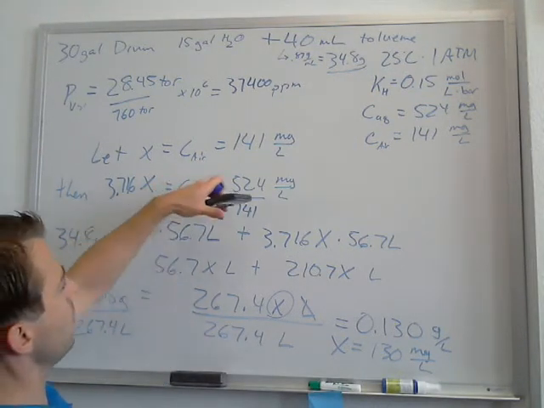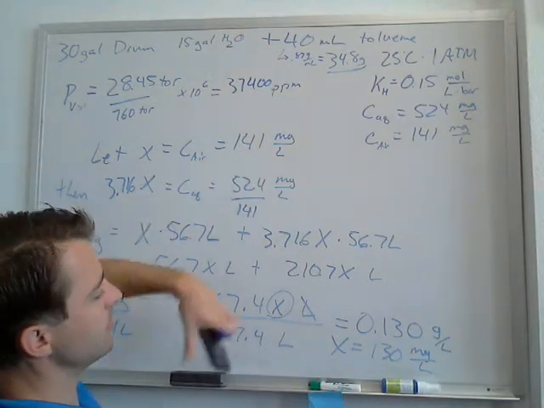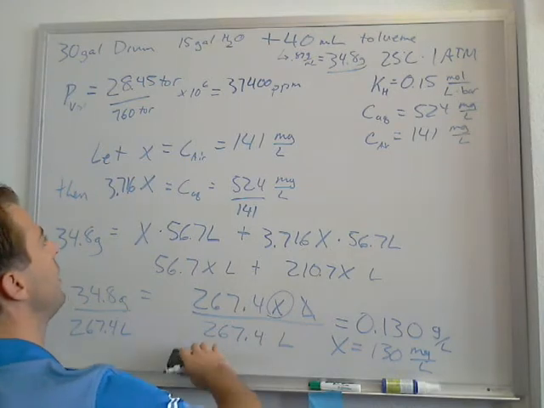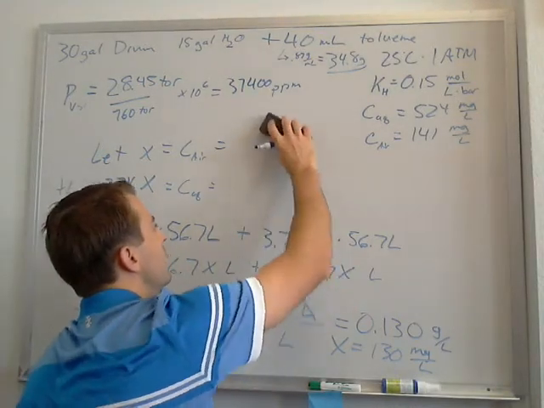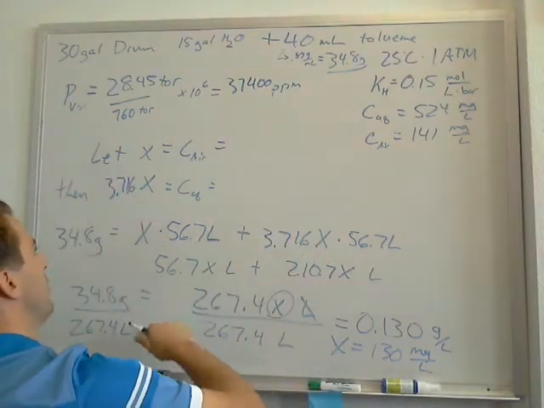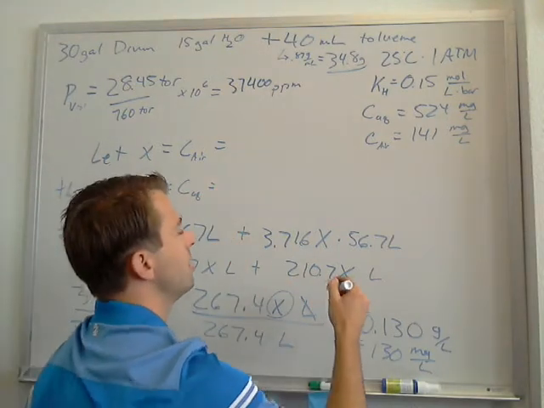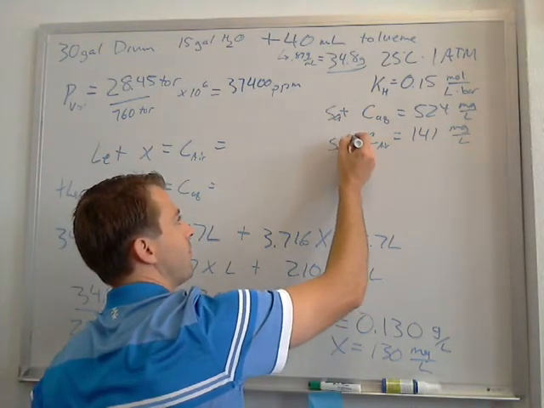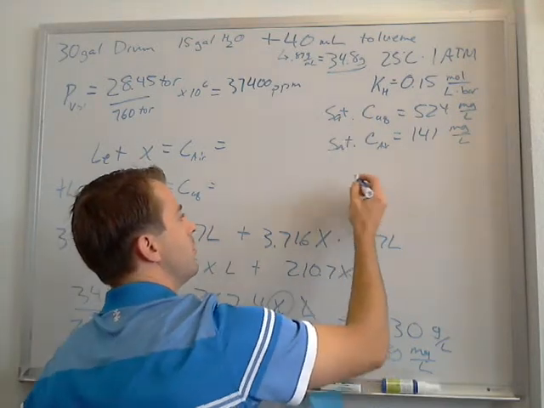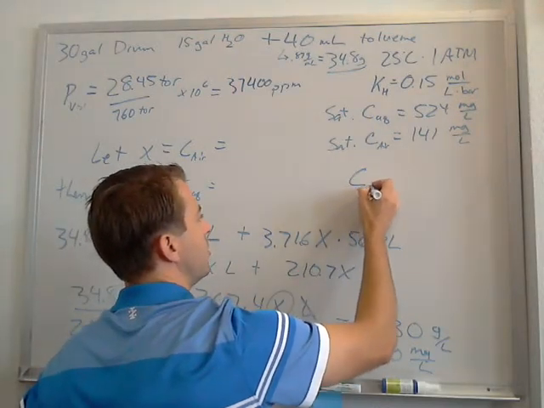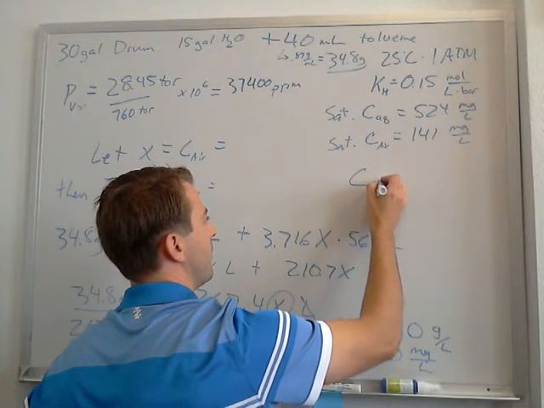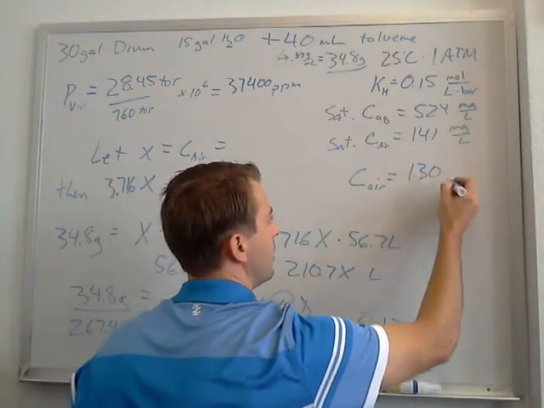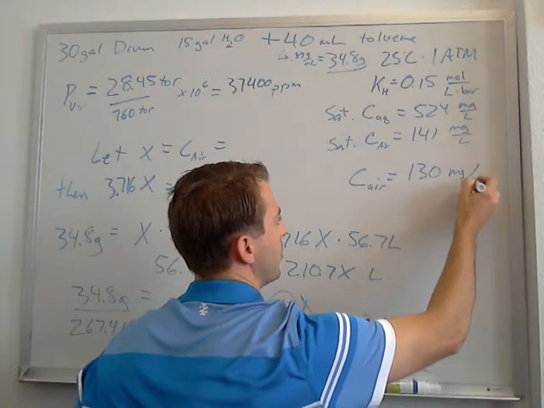So we took it at saturation, it was this value, but we're not at saturation. So at our value that is near to saturation, this is saturation, but our concentration in the air is equal to 130 milligrams per liter.